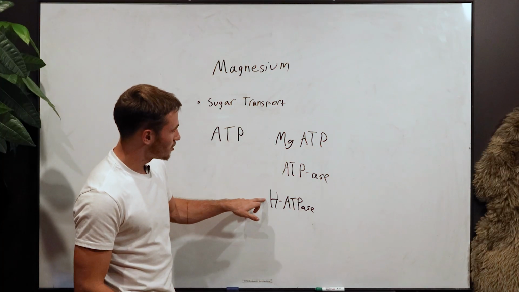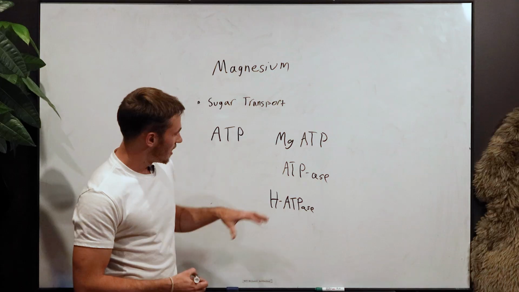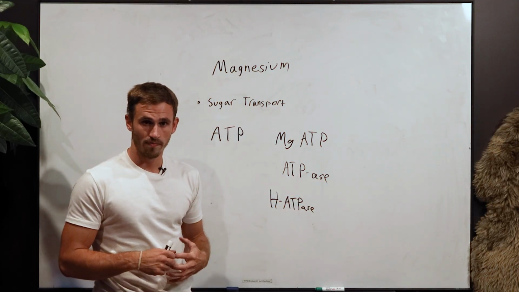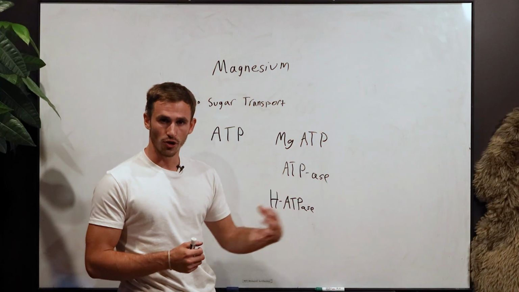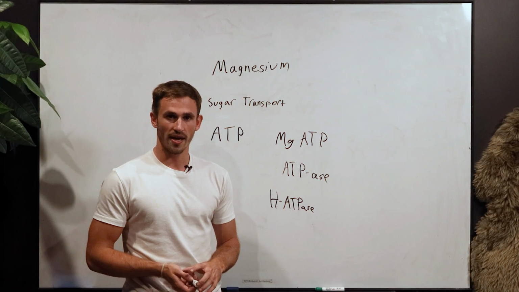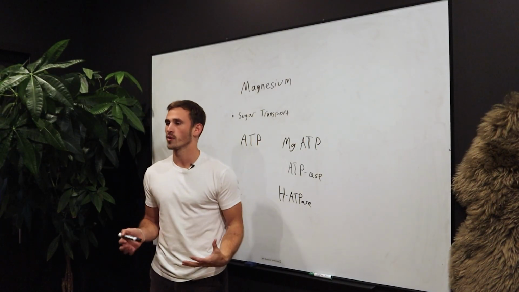And what hydrogen ATPase does, I know we're getting super complex here, but bear with me, is it pushes out a hydrogen and then comes back in. When it comes back in, it grabs a sugar with it and it goes into the phloem pump, which is a pump that needs energy in order to move the sugars all around the plant.